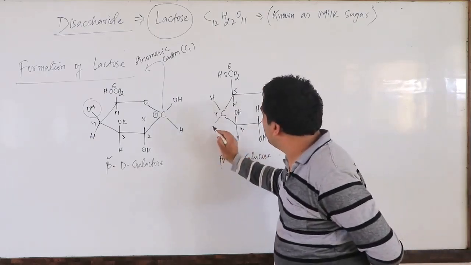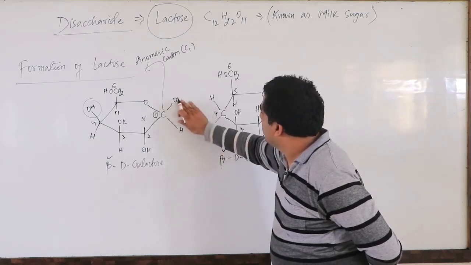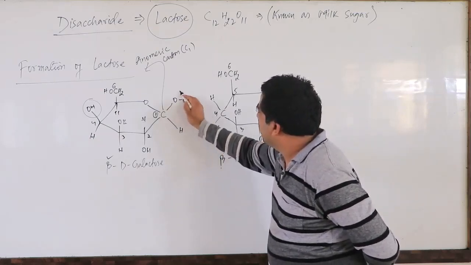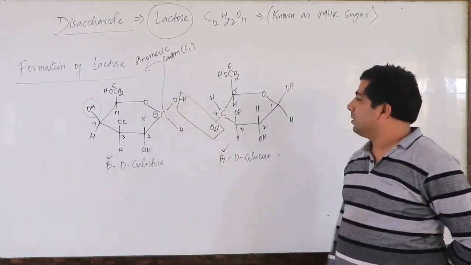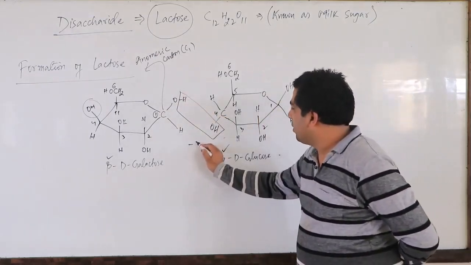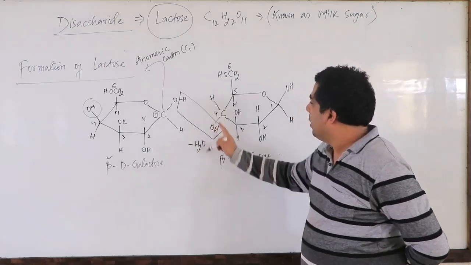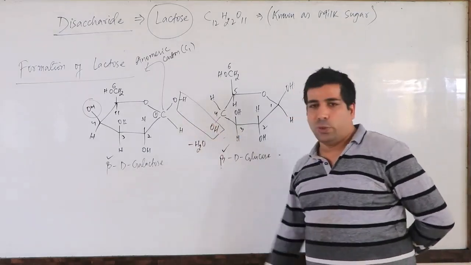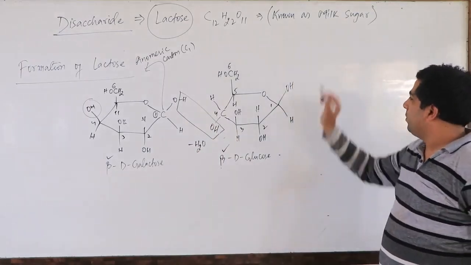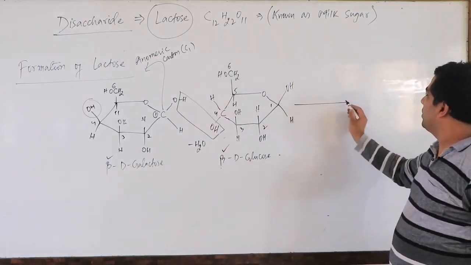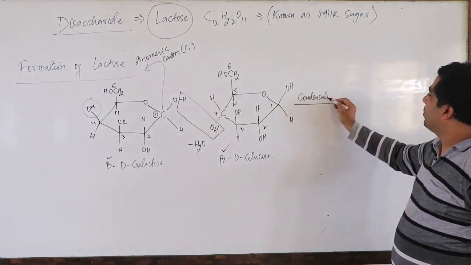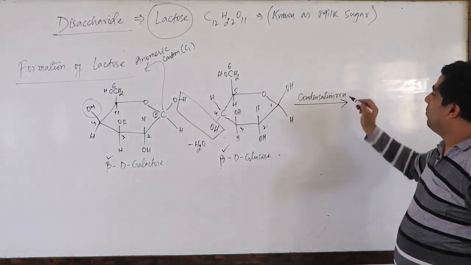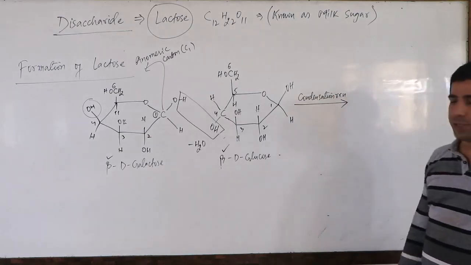So how will we mention this thing? Here we have OH. Can I separate this like this? And let me take it out. So there is a loss of water molecule. Can I mention here minus H2O? H and O, that is H2O, loss of water. And loss of water means which reaction is this? This is a condensation reaction. Loss of water means condensation reaction.